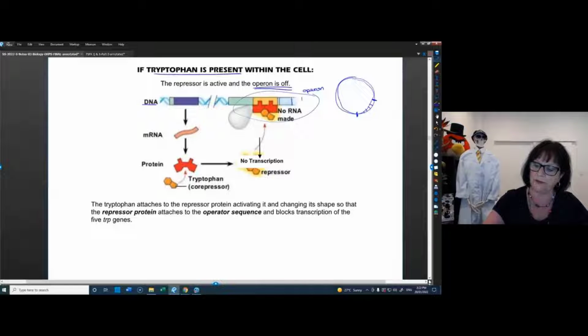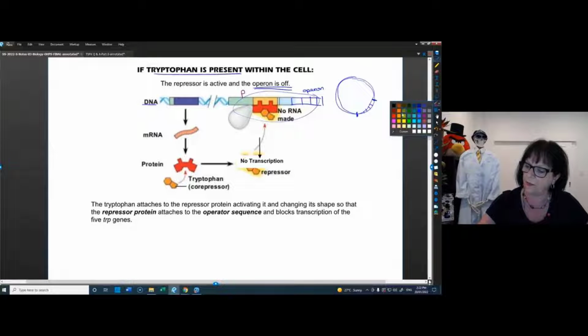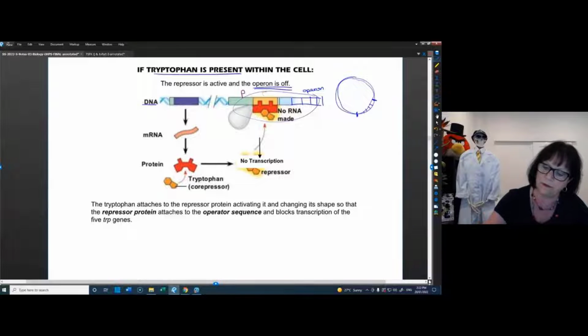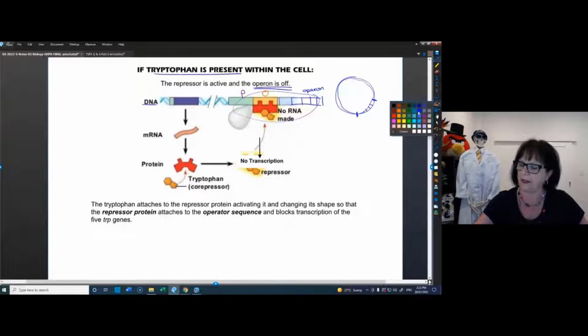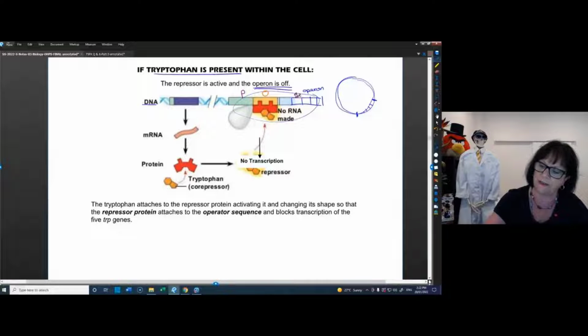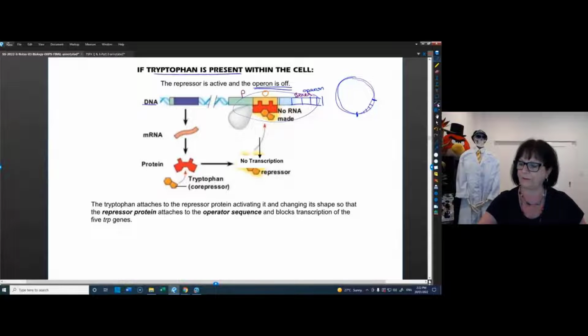So we would have our series of 5 enzyme genes here. Here's our promoter region. Here's our operator region. And here are our genes. So that's the operon, that part of the picture.